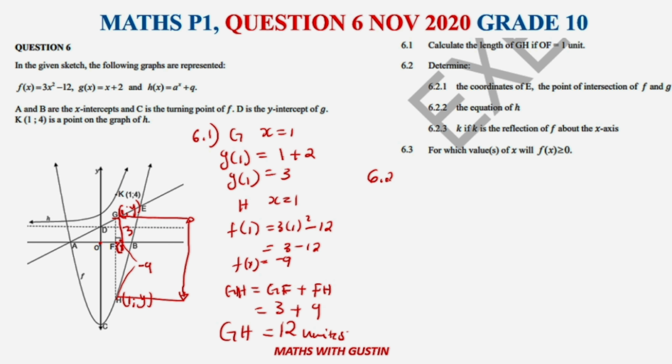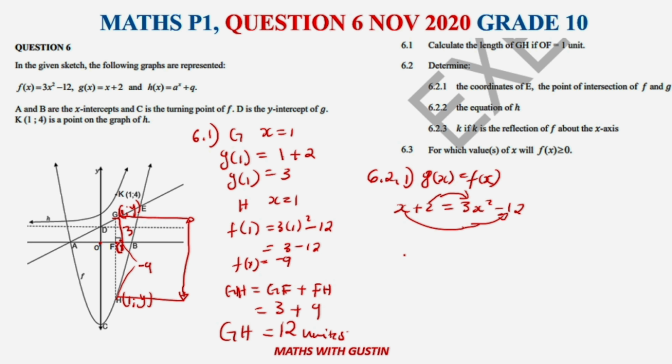So we're going to come here and say 6.2.1. It's where g of x is equal to the other graph. So what is g? g is x plus 2, which is equal to the parabola. Once you are here, guys, you can just solve. Take everything to one side, take 2 to that side and then take x to that side.